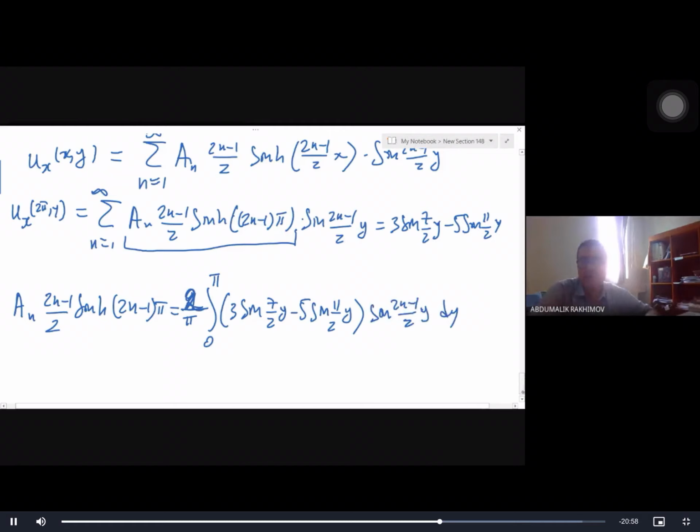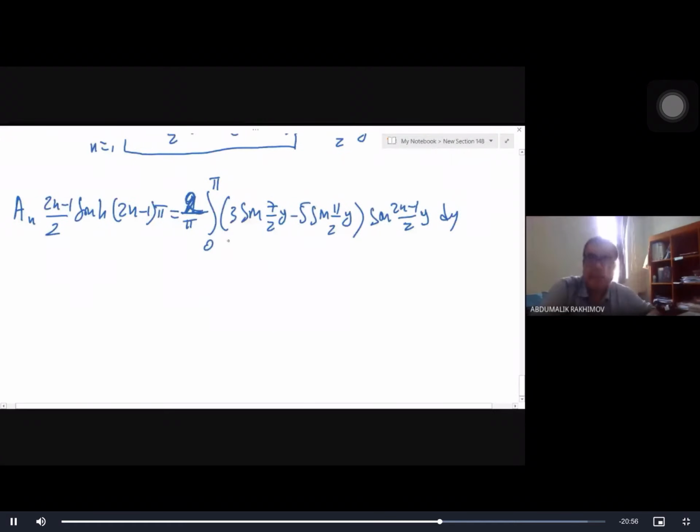So what can we say about this integral? Because these are eigenfunctions, sine 7 over 2 you can write as 2 times 4 minus 1, and 11 over 2 as 2 times 6 minus 1.